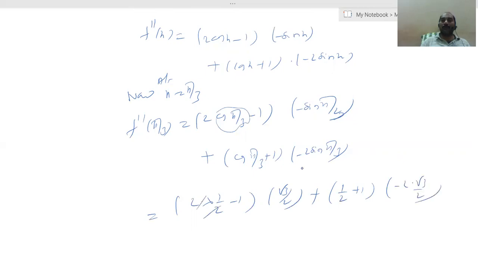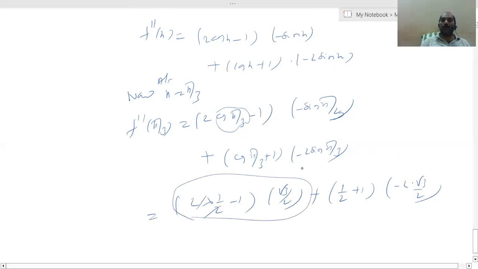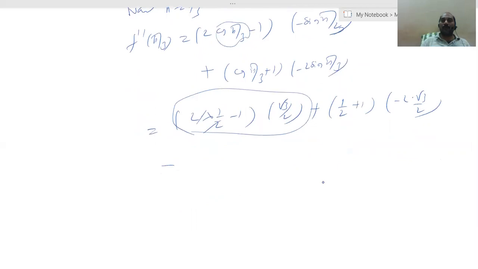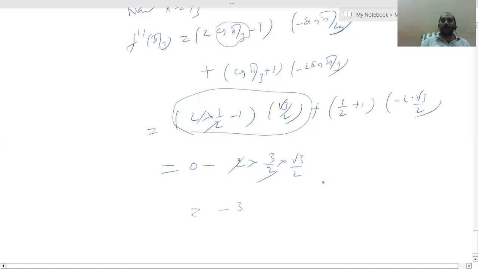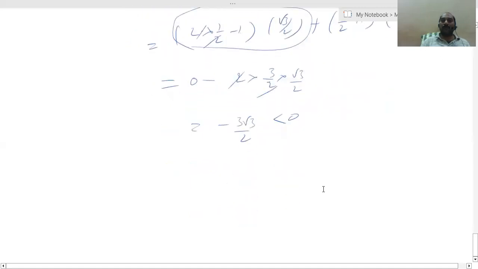Here, minus 1 plus 1 becomes 0. This term is 0. In the second term, we have 0 minus 2 times root 3 by 2, and the 2 gets cancelled. Finally, we get minus 3 root 3 by 2. It is negative because it has a negative sign.